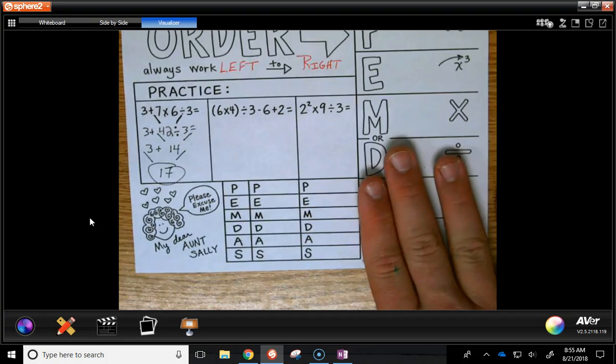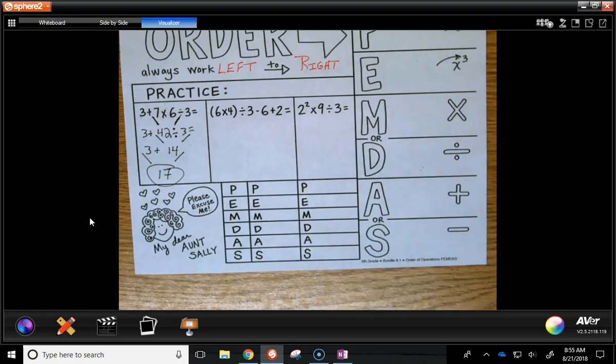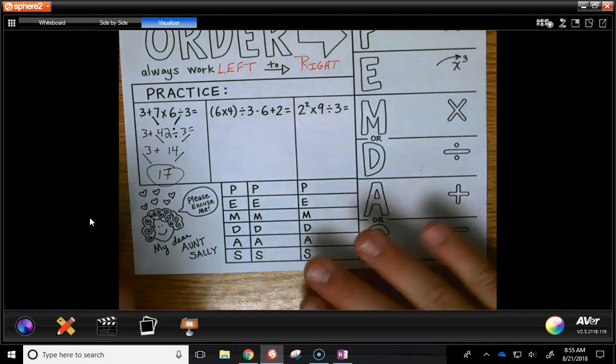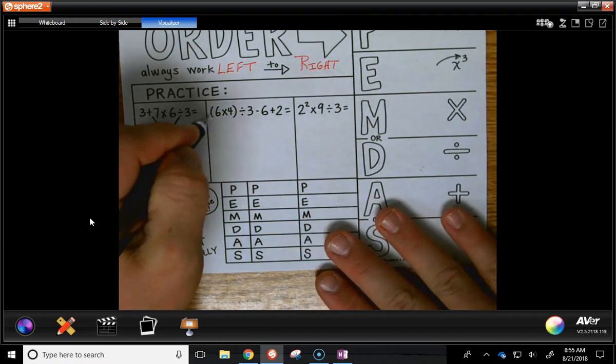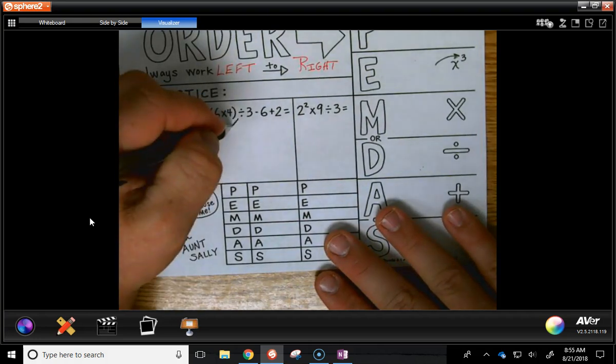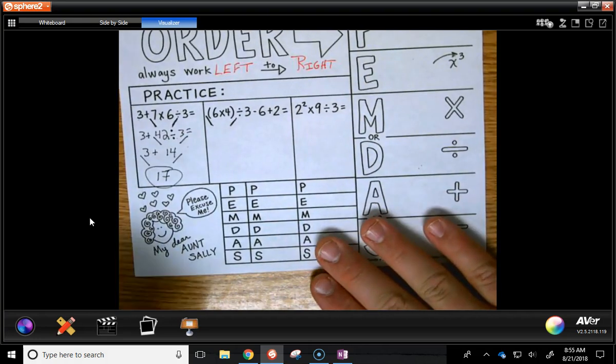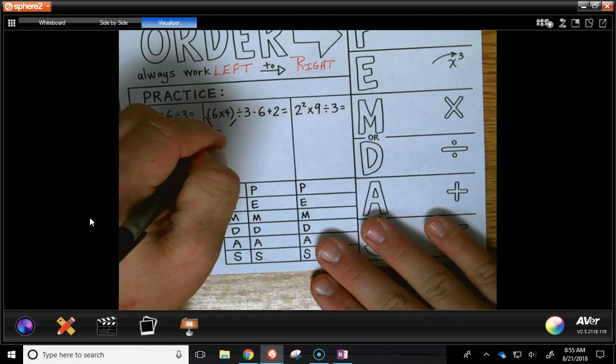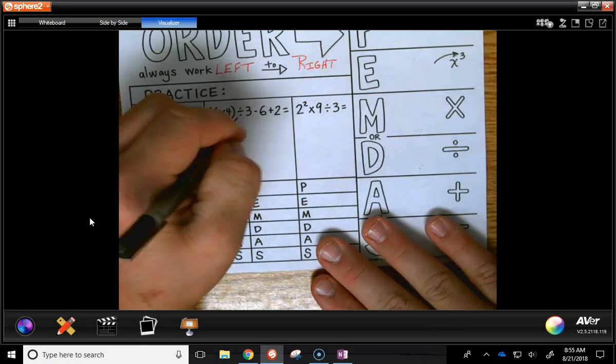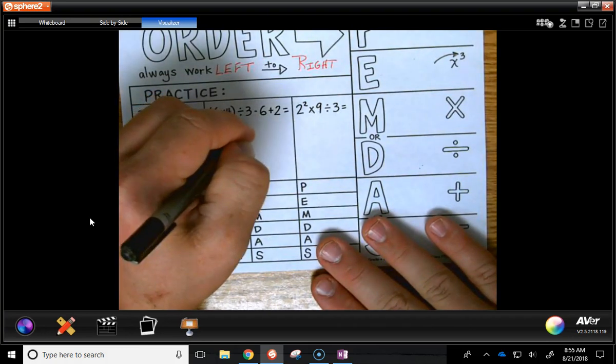Alright, let's do the next one. What am I going to do first? Okay, parentheses, and I see some. So left to right, it came up first. 6 times 4 is? 20-something. 24. Rewrite the rest of your problem.